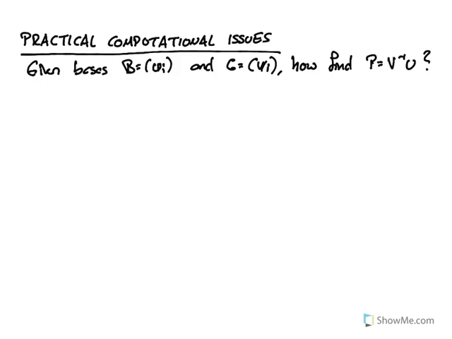Let us revisit this issue of practical computations. So suppose we are given, it's exactly the same problem, two bases, and you form the matrices U that have these guys as their columns and V that have the V_i's as its columns.